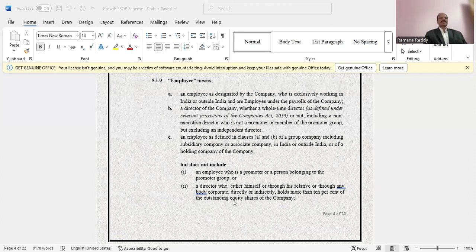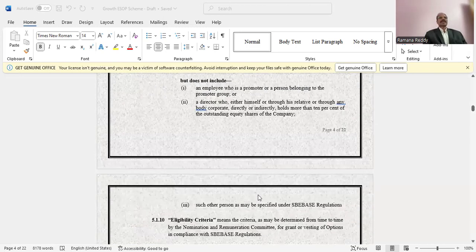These are excluded from the definition of employee, and it does not include a director who, either himself or through his relatives or through any body corporate, directly or indirectly holds more than 10% of the outstanding equity shares of the company. So if a director holds, either directly or indirectly, more than 10% of the outstanding equity shares, he will also be excluded from the employee definition.